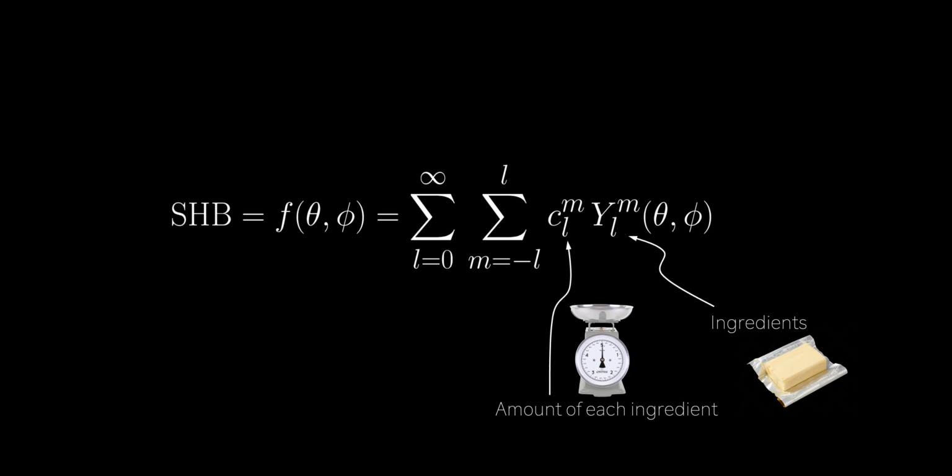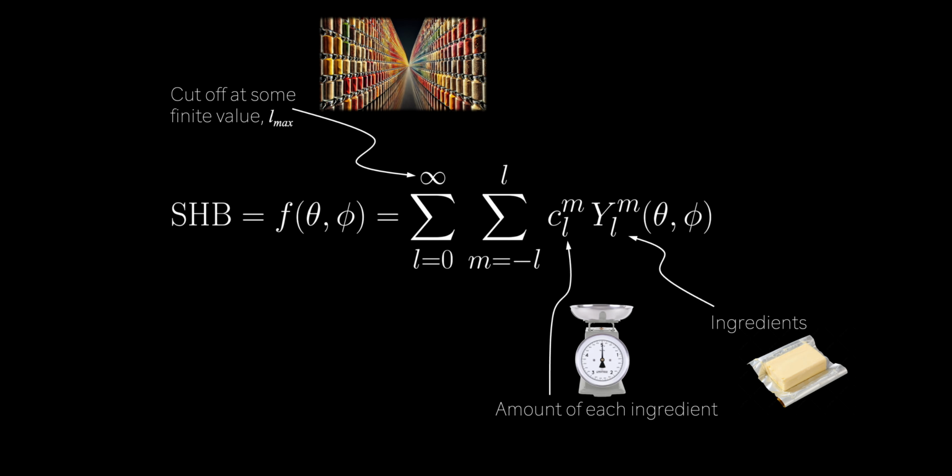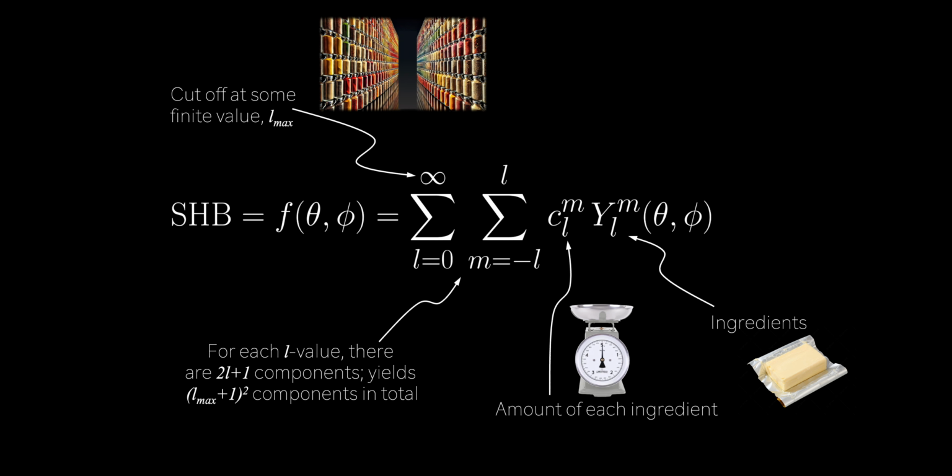In practice, we stop adding more ingredients after a certain value L max, so in our cooking metaphor, adding more and more small amounts of spices at some point adds little to the taste of the final bun. But importantly, we need to now know just how much of each ingredient we need. We turn to this now.